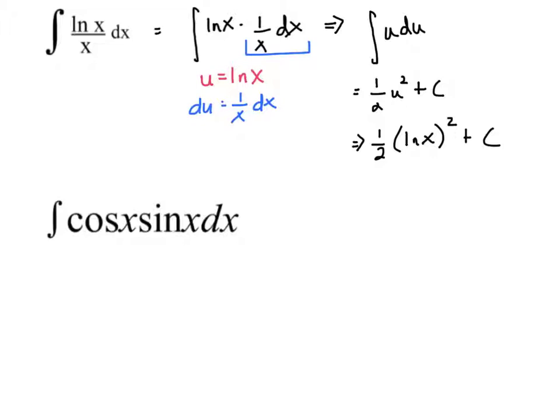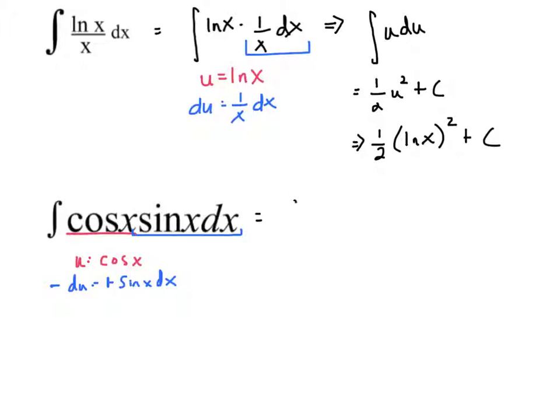All right, next. Let's make u cosine. Okay, so this will be u. So the derivative would be negative sine. Well, I don't have a negative sign, I have a positive, but I can change the sign on the du. So now I can replace this with a negative du.